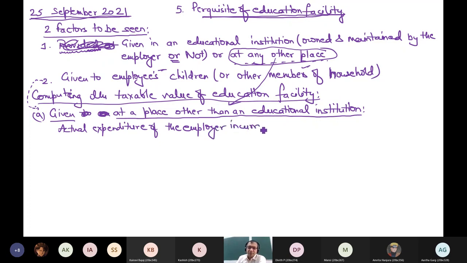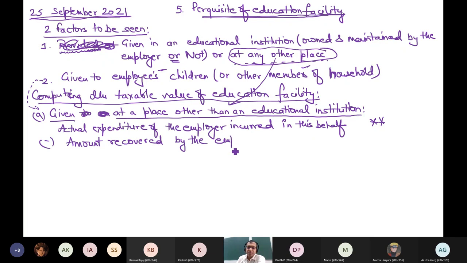Incurred in this behalf, incurred to meet the cost of education. This is my saving, but it will be reduced by what? Logically, the amount recovered by the employer from the employee for this purpose.